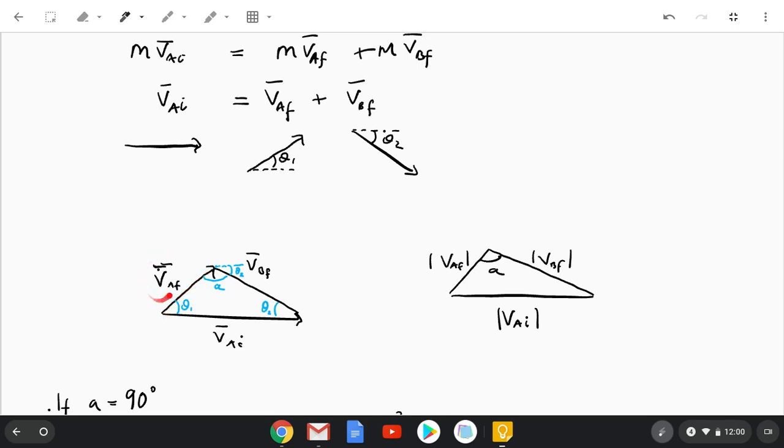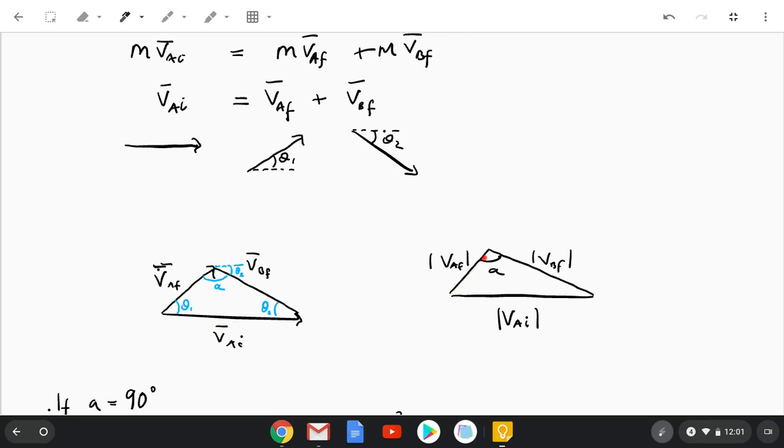we will take the magnitude of the velocity of A after the collision. If we want to know the length of this vector, we will take the magnitude of the velocity of object B after the collision. And if we wanted to know the length of this vector, we would take the magnitude of the velocity of object A before the collision.